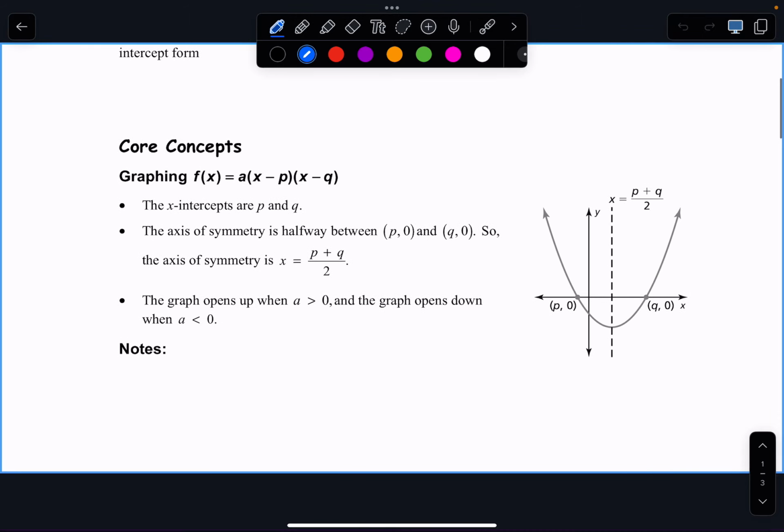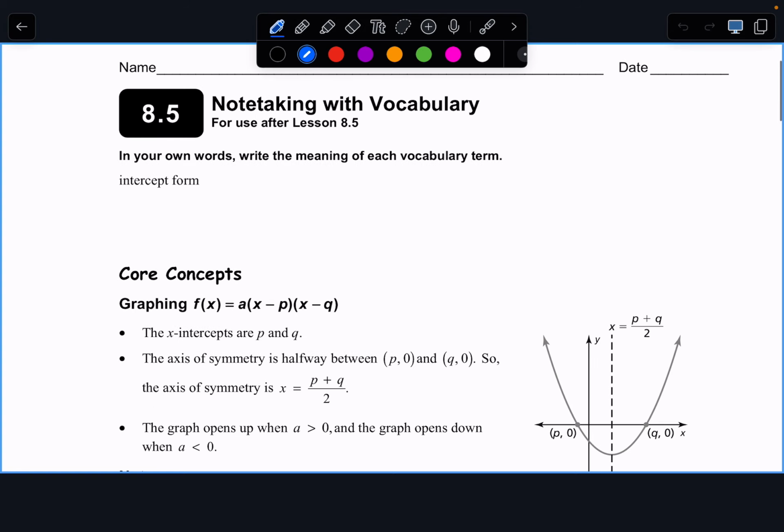Today's goal is if we have something in intercept form, we need to be able to graph it. When I say intercept form, that means we have a quadratic that looks like this: a times x minus a number times x minus a number.